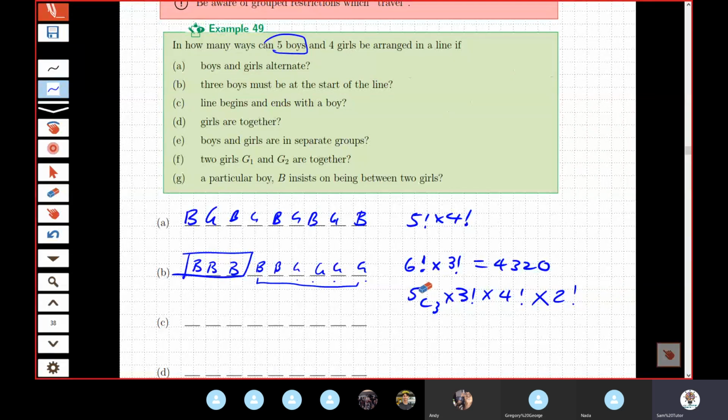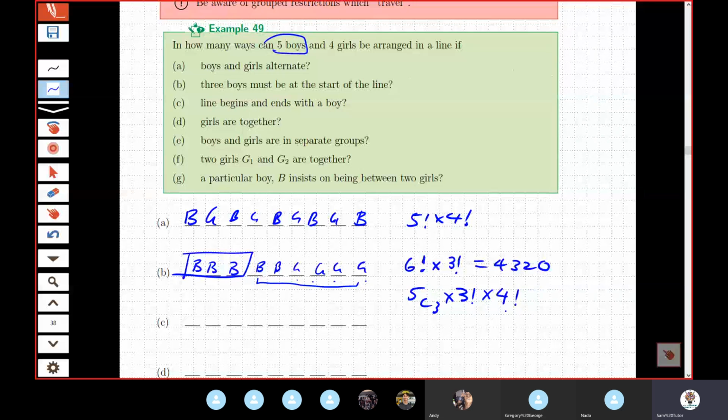So maybe in your method you'll do 5 choose 3 times 3 choose 3 times 6 choose 2, times, no, 6 choose 2 I don't like, times 4 factorial for sure.